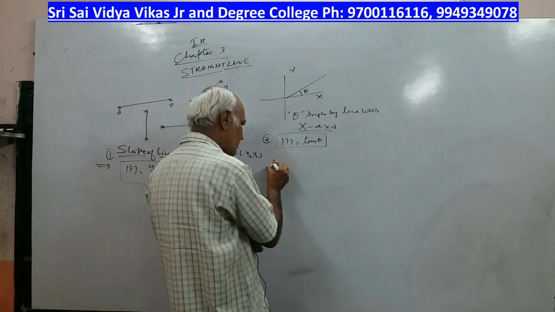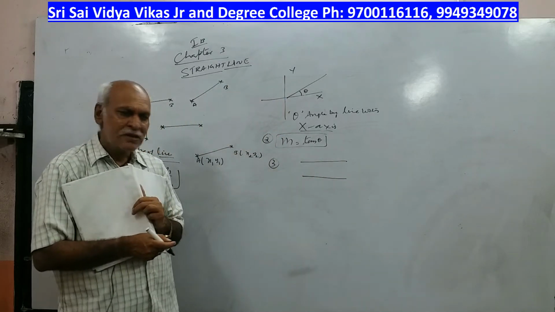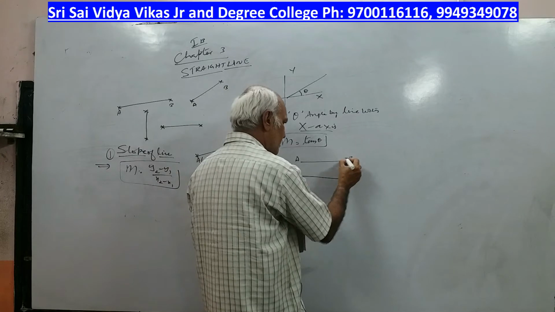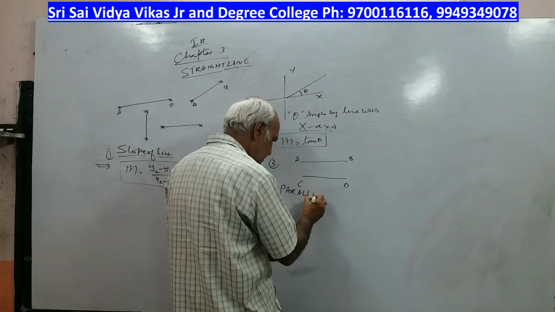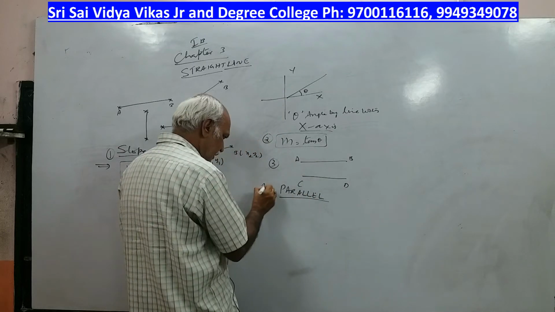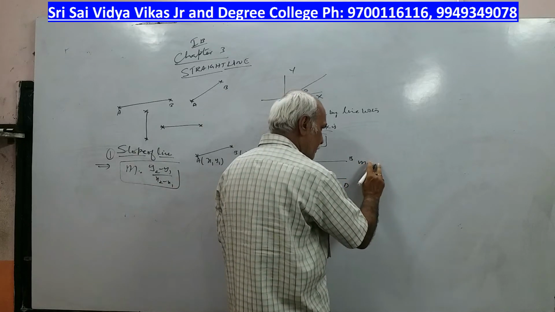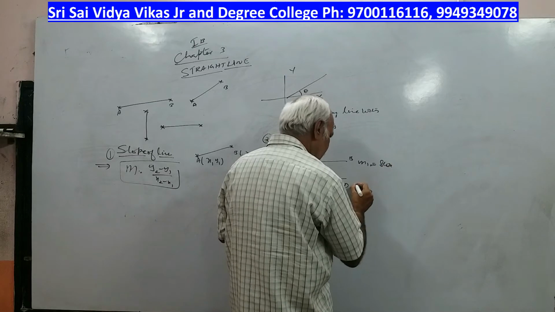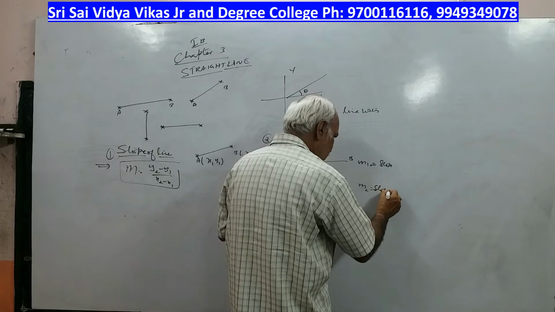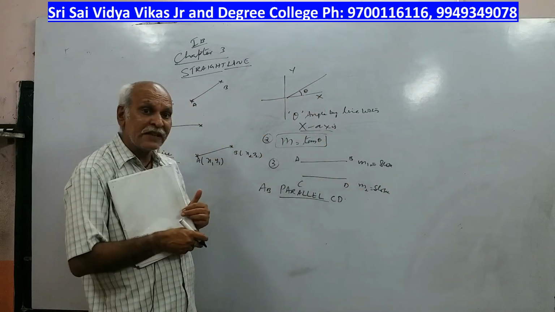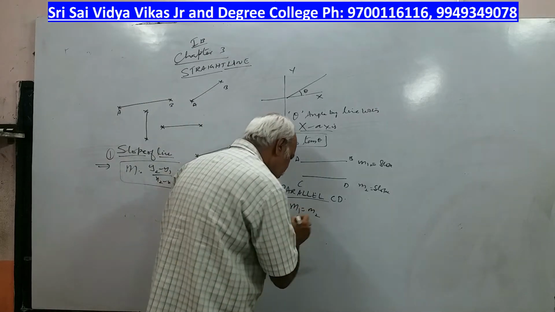Next, if there are two lines AB and CD, and these lines are parallel, AB parallel to CD, and M1 is the slope of the first line and M2 is the slope of the second line, then the condition is M1 is equal to M2.